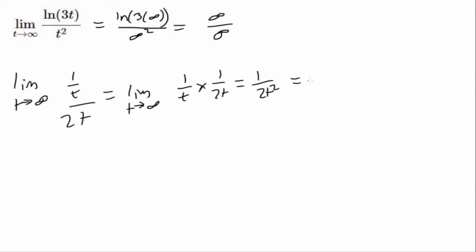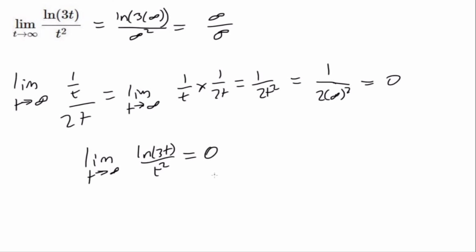So this is 1 over 2 infinity squared, and as we know, infinity is already large, so squaring it and times by 2 just makes it infinity again. So this tends towards 0, so our answer is 0. The limit as t tends to infinity of the natural log of 3t over t squared equals 0.